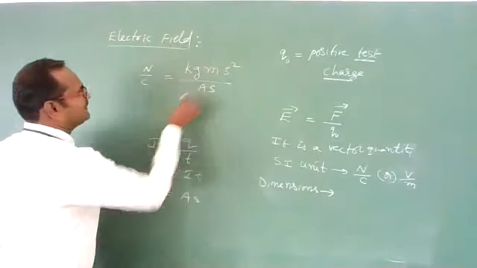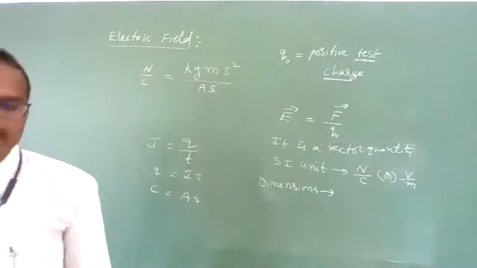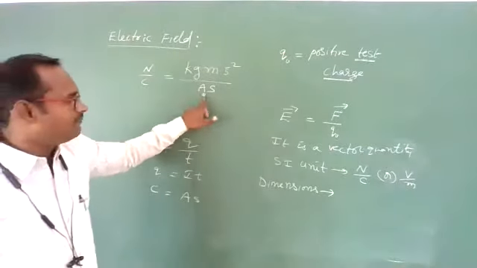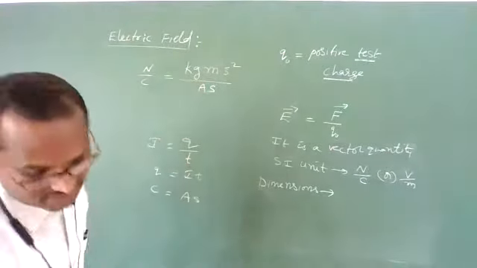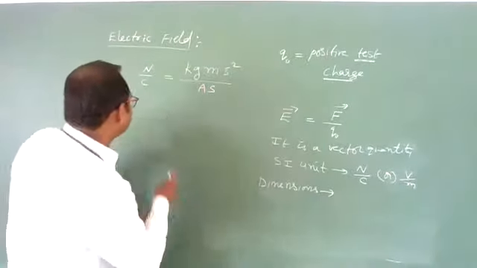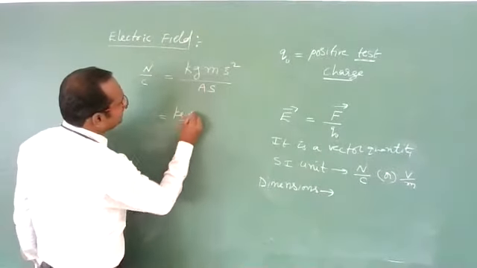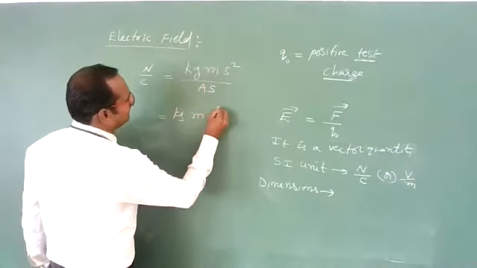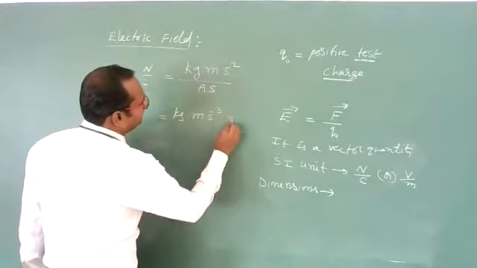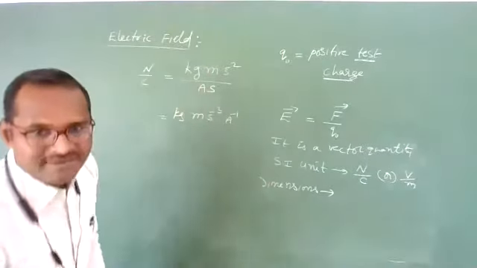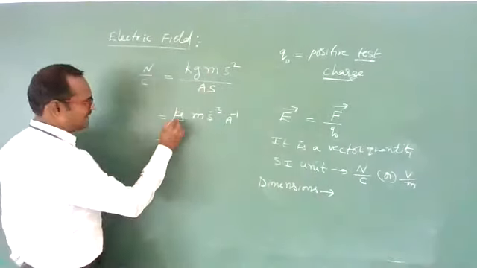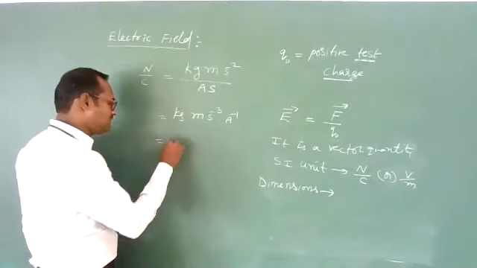So in place of coulomb, we can write ampere second. Now ampere and second are both SI units, so this can be written as kg meter second power minus 3 ampere power minus 1. Now dimensions: how to write? Kg is nothing but the symbol M.